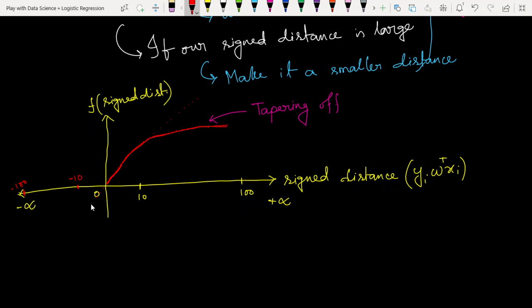For smaller increases we have taken it linearly, then after that we have tapered off these functions. So just like this. For larger values we try to make it smaller. So for larger distance we have tapering of this function, and for the smaller values we have considered it as linear. Okay, so that's the function of this slide.